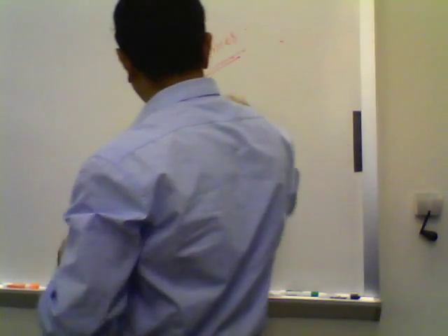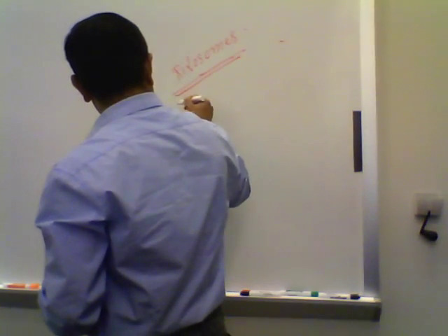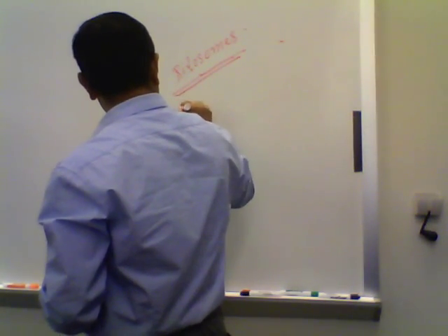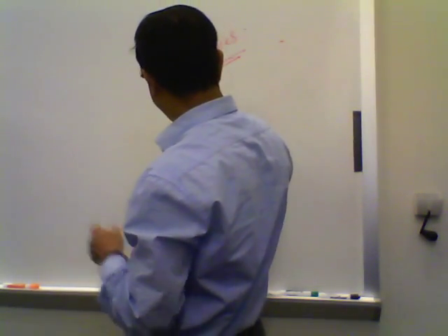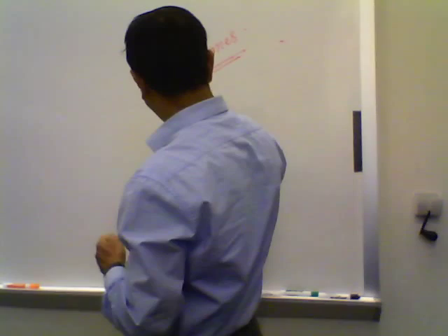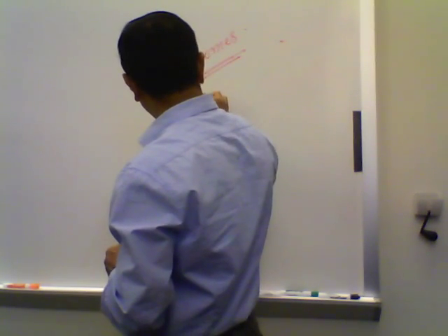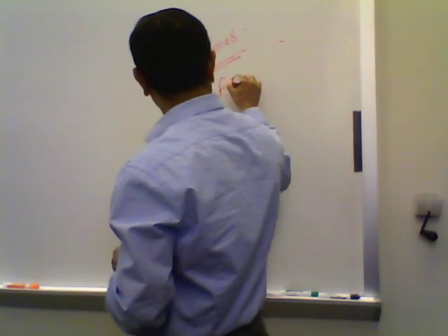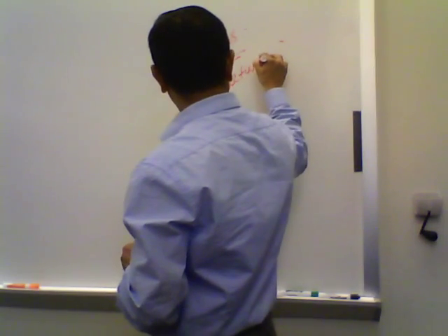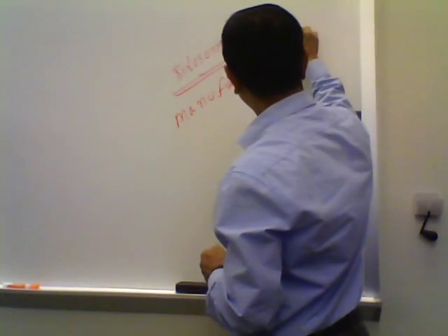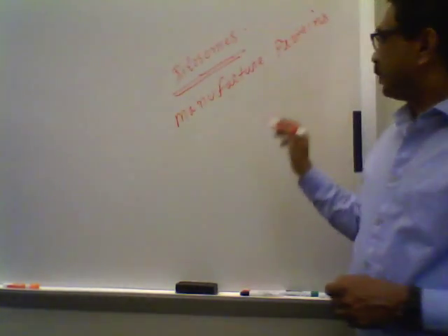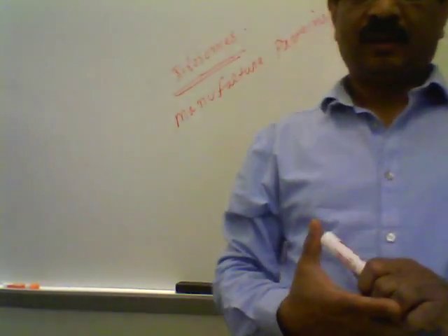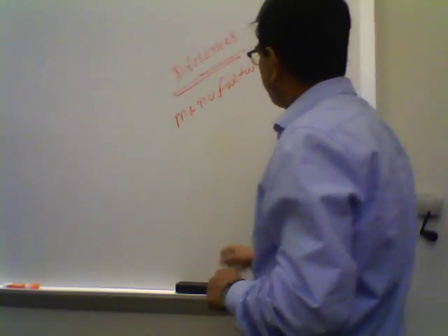And ribosomes are responsible for manufacturing protein. So protein manufacturing or synthesis is the function of ribosome. Okay. So manufacturing of proteins.